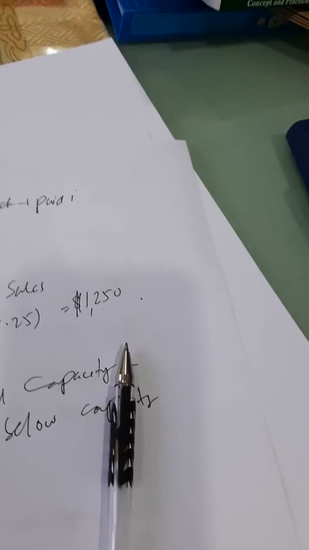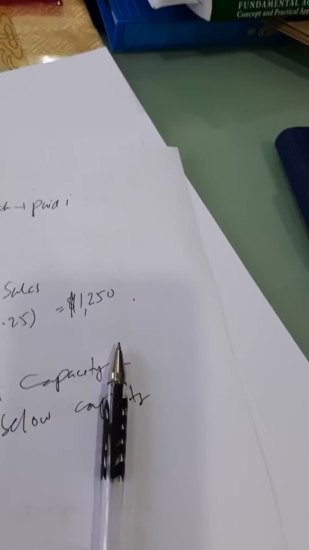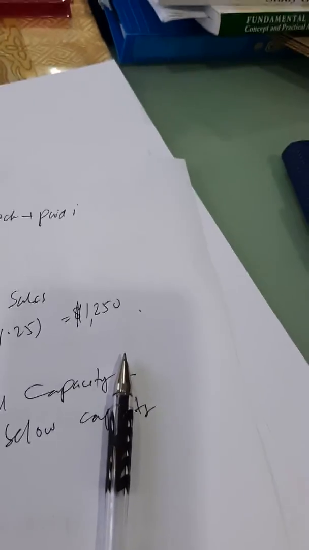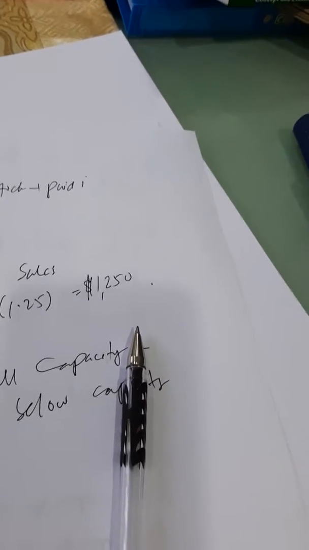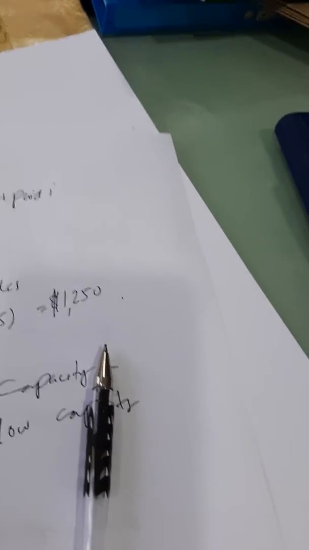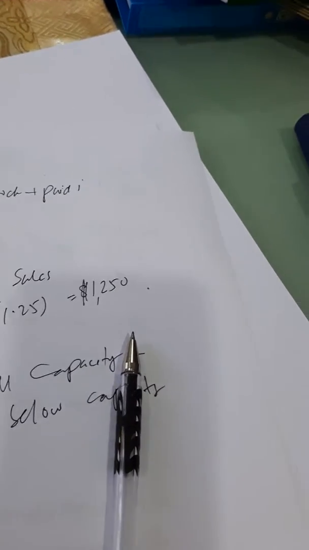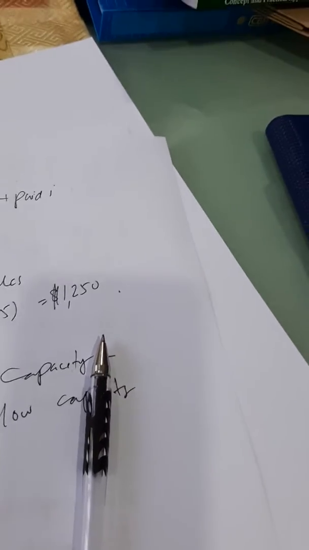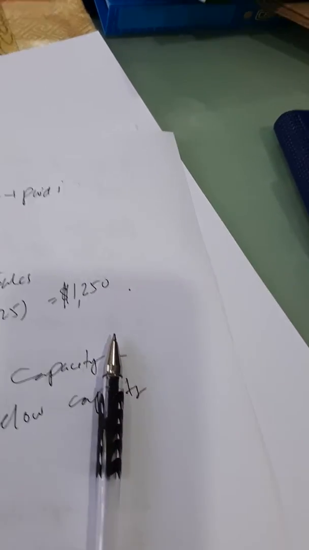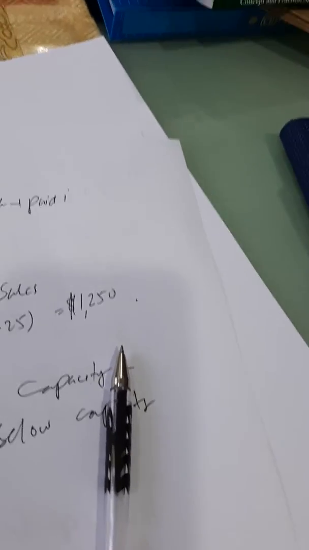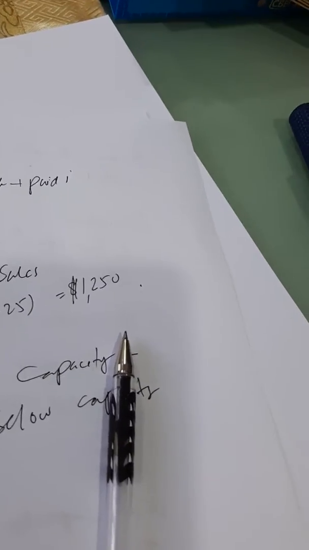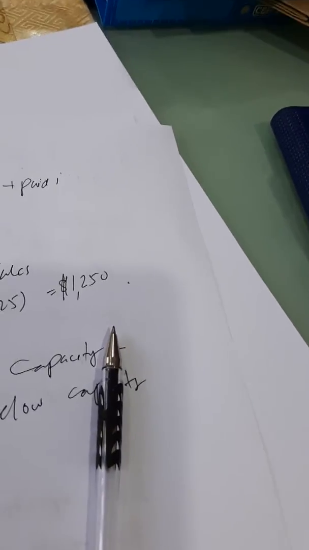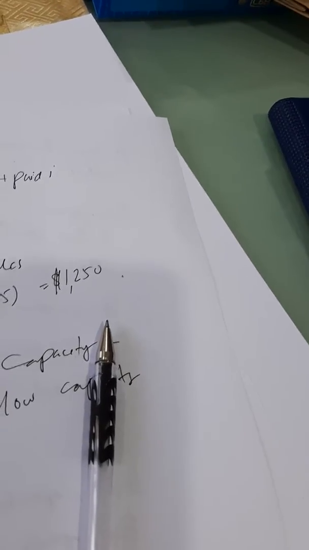However, if the plant is now operating at full capacity, it means that if Proton wants to add additional production, they have to build new plants, they have to buy new machines and so on. That's why when the firm is operating at full capacity, any increase in sales will be translated into an increase in production, and therefore the company has to build new plants and buy new machines and so on.